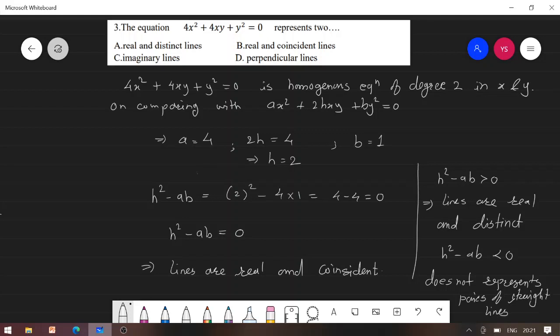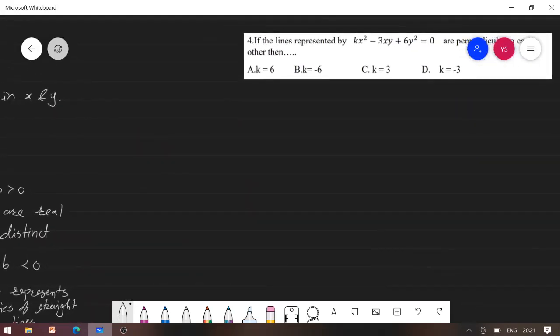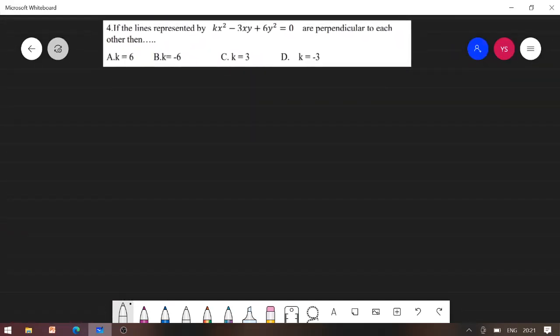Now look once carefully towards the next MCQ we are having. If lines represented by kx square minus 3 times xy plus 6y square equals 0 are perpendicular to each other, then find the k value. So look once carefully.